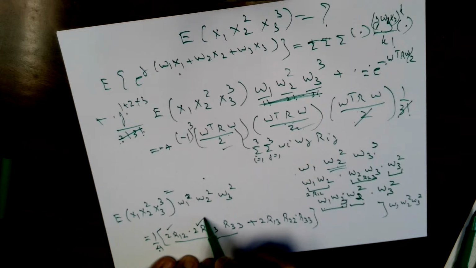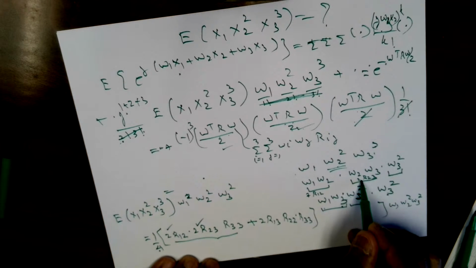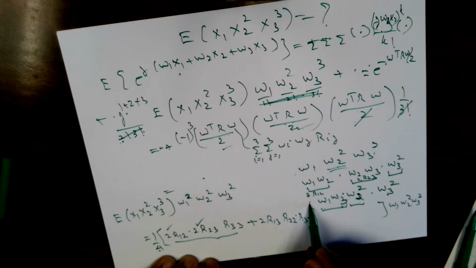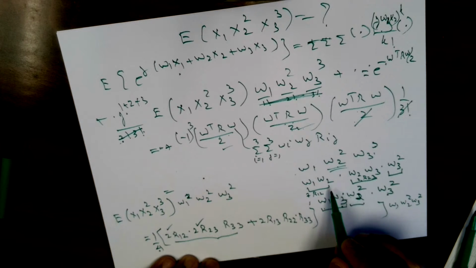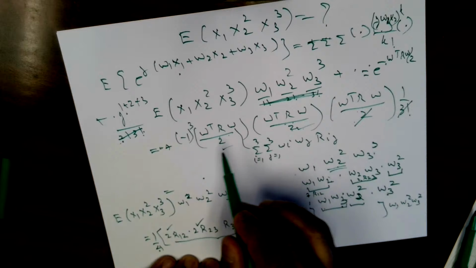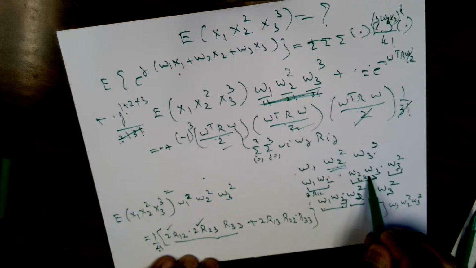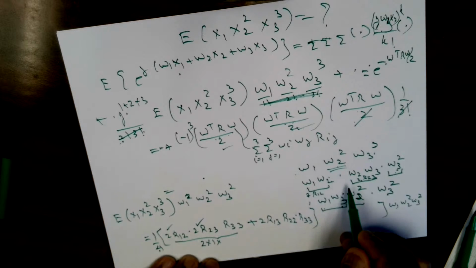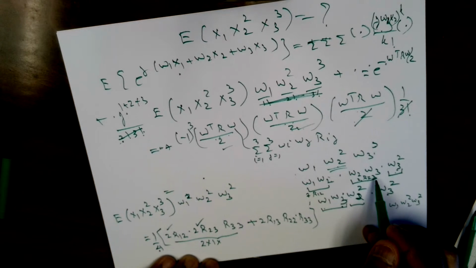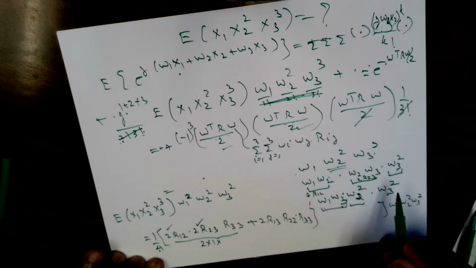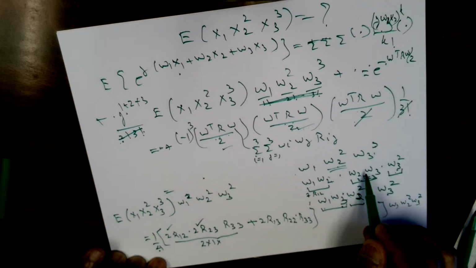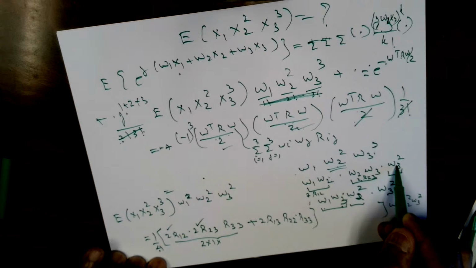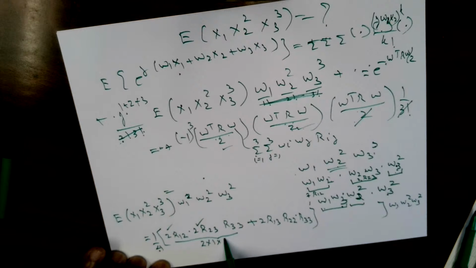This 2 and this 2 are coming from, because it's a 2 here, there's a 2 here. But then if you look at that, when you pick up this from the first term, there are 2 options here and 1 option here. So this is multiplied by 2 multiplied by 1. And then there are 3 options, because you could do this or this. So that's another 3.